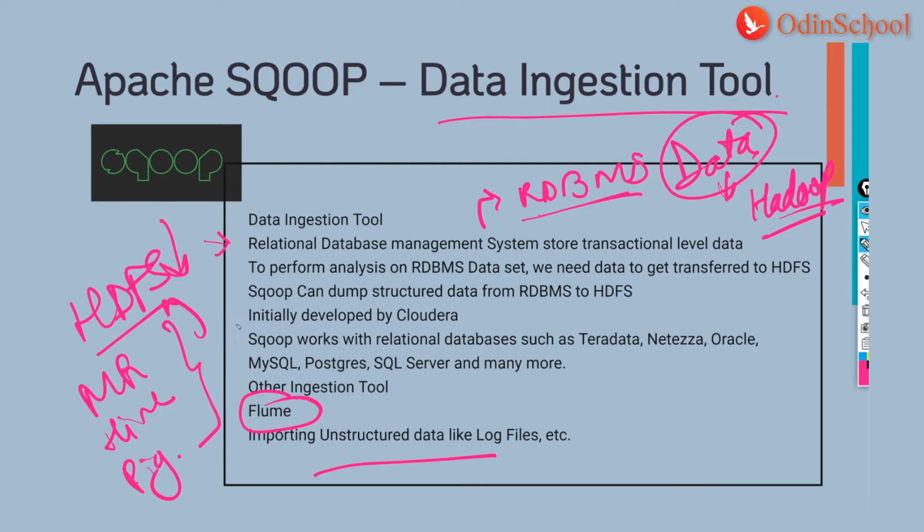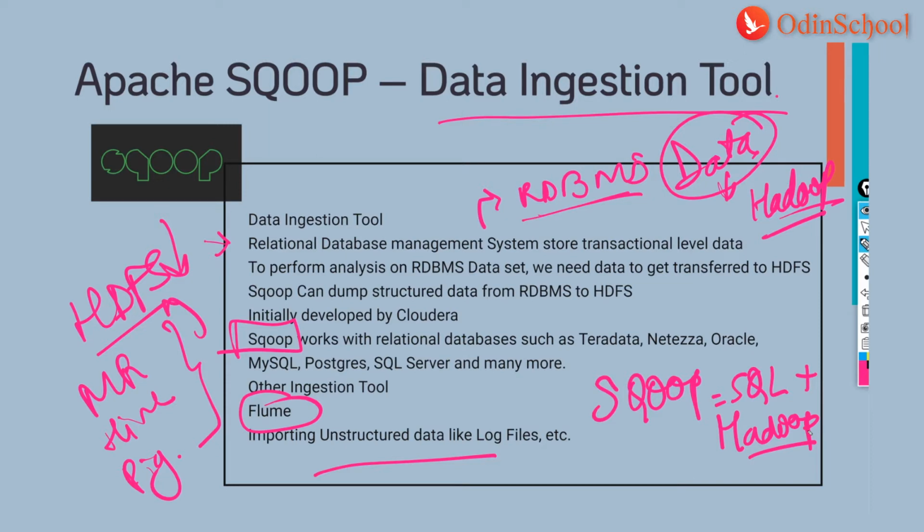Then there is another tool which will help you, which is nothing but Sqoop. Sqoop is made up of two terms: SQL plus Hadoop. It can work with a variety of relational databases such as Teradata, Oracle, MySQL, even SQL Server, Postgres, and there are many more.